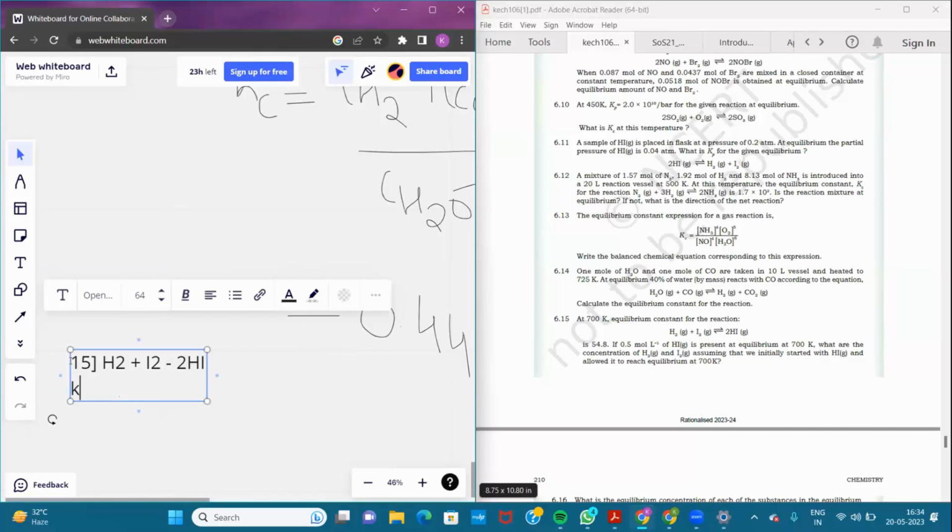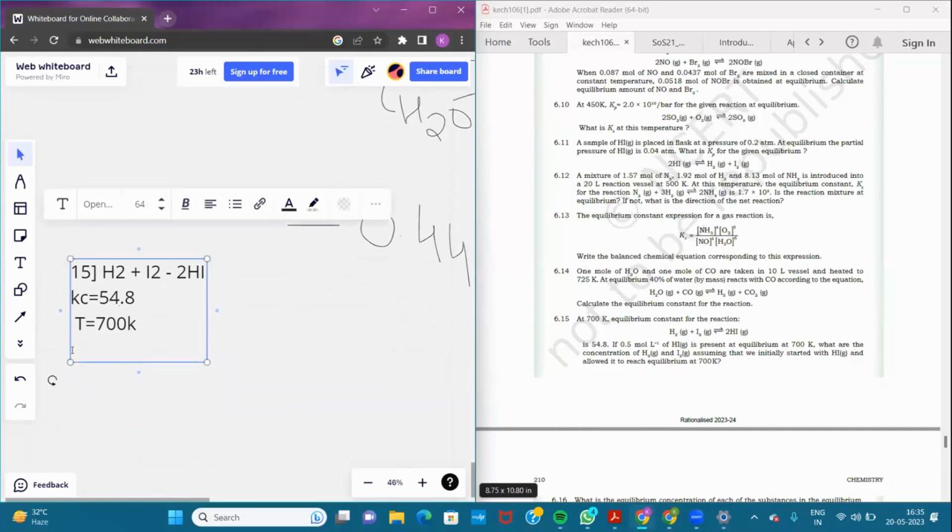The equilibrium constant Kc is given as 54.8. Temperature is mentioned as 700 Kelvin. Here, initial HI is equal to 0.5.